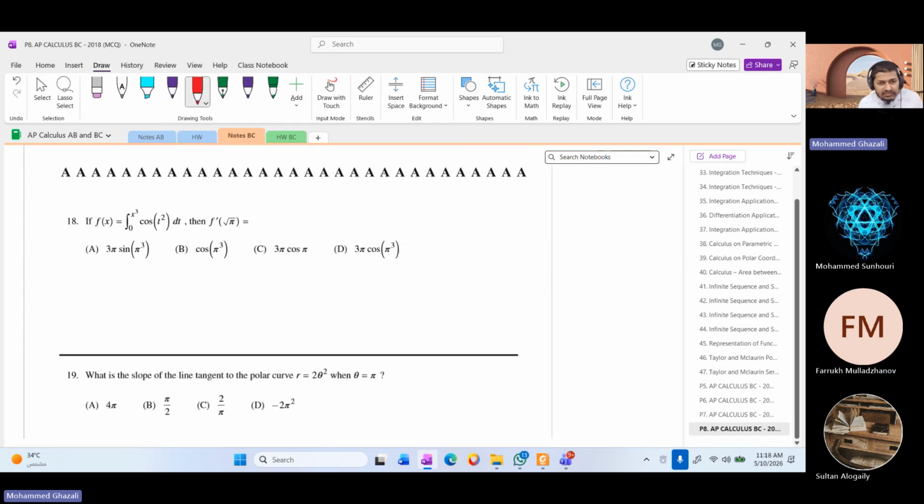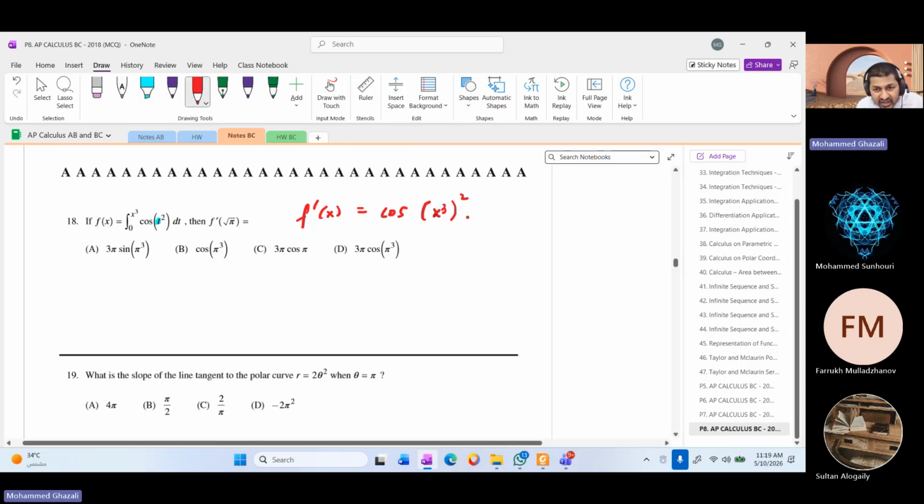If the integral goes from this to this, by the fundamental theorem of calculus you can find f prime. Remember to substitute x cubed inside for t and then differentiate x cubed. So f prime of x is now equal to cos of x cubed squared. I replace the t with x cubed. And now I need to differentiate x cubed, which is 3x squared, and that's your derivative.